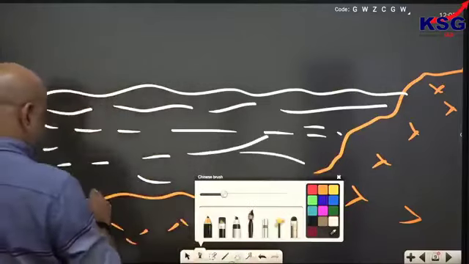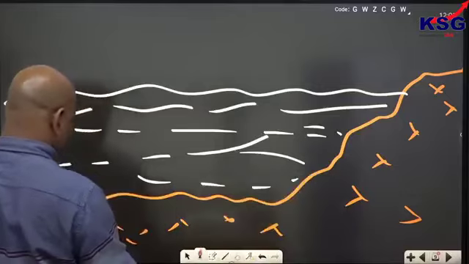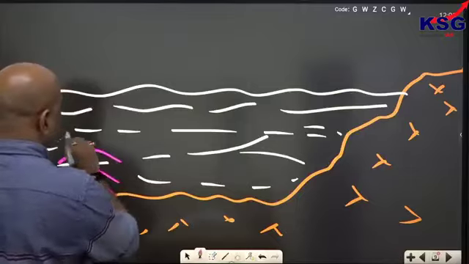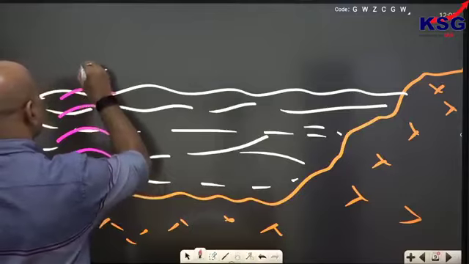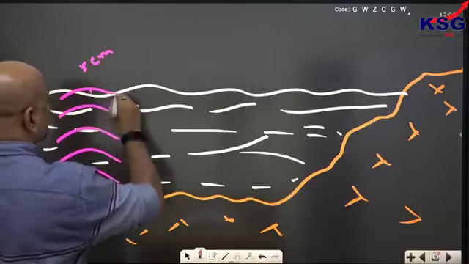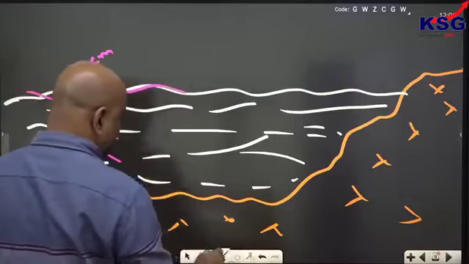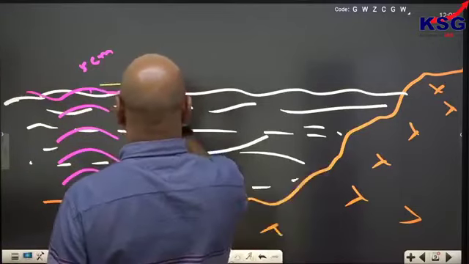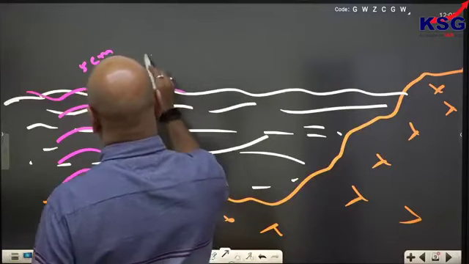Whenever there is a disturbance here, let us say an earthquake, there is a rise in the sea water, let us say only 5 centimeter rise in the sea level. But this will have a wave height of 5 centimeter.